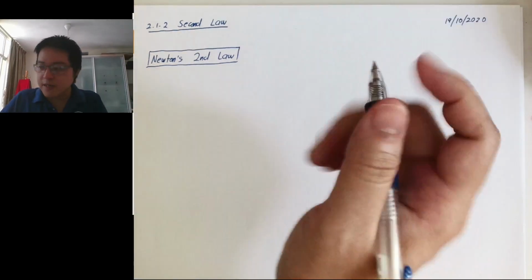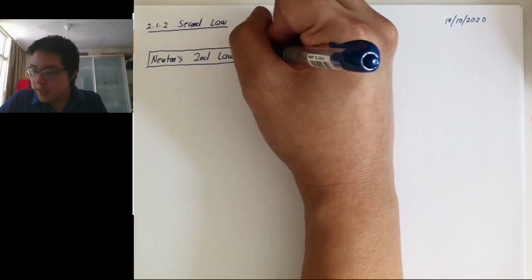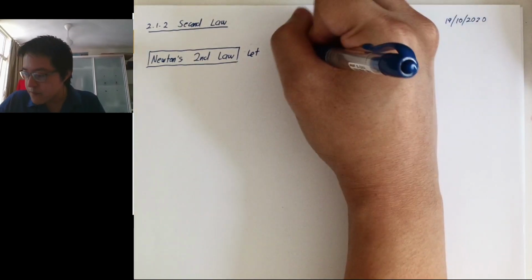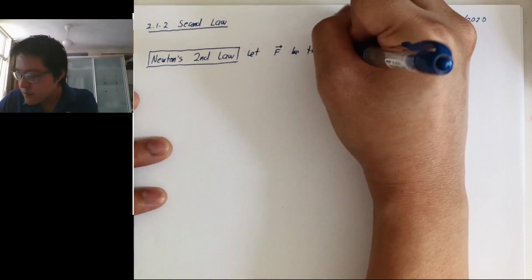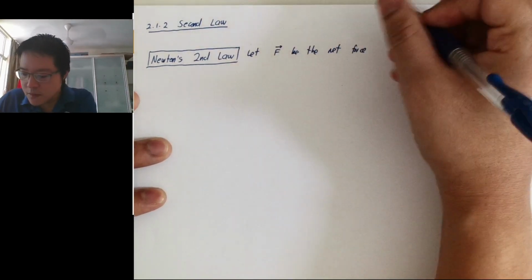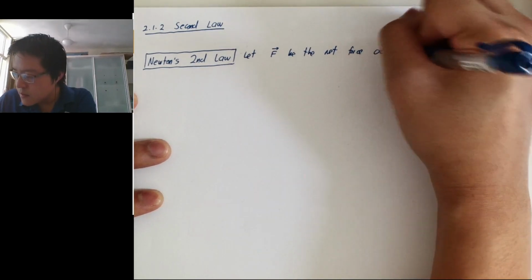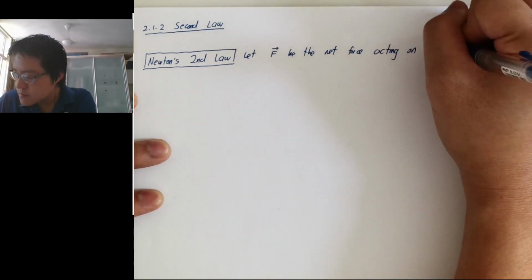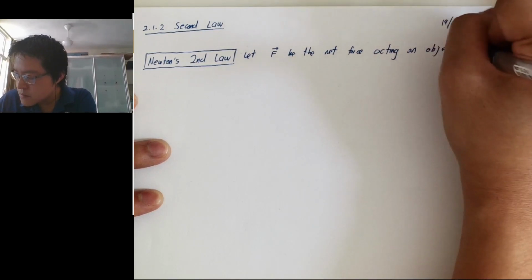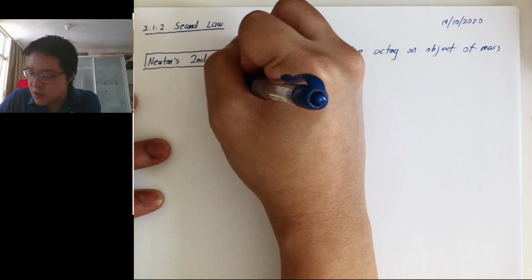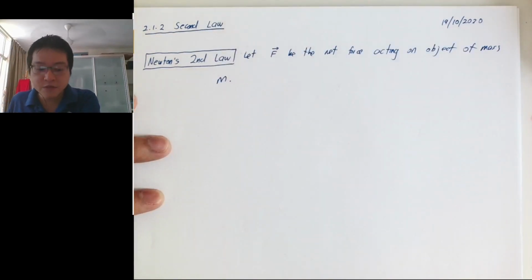Let us define: we let F be the net force acting on an object of mass m. m is given in kg usually, or grams, depending on the situation.